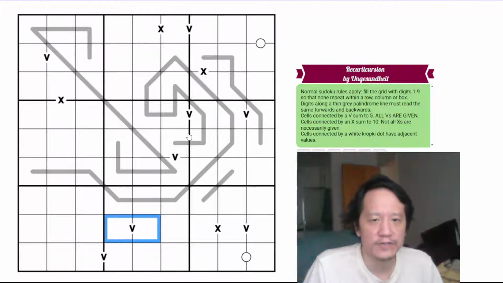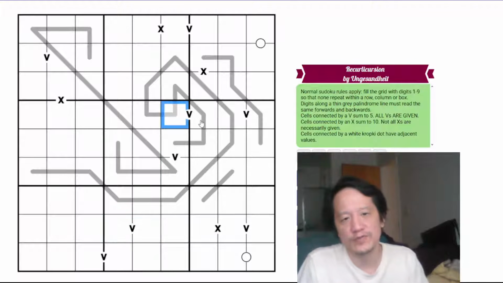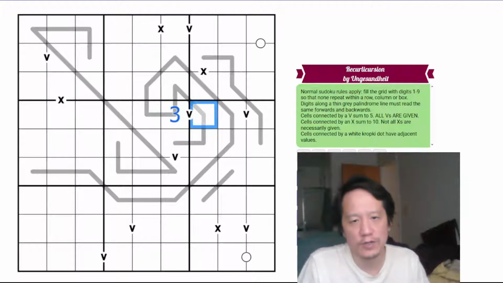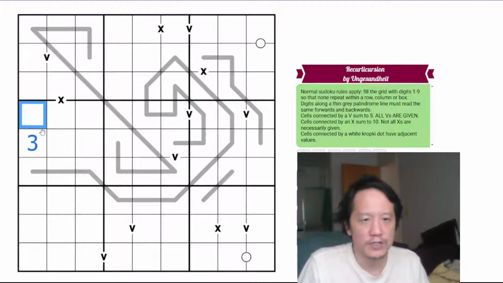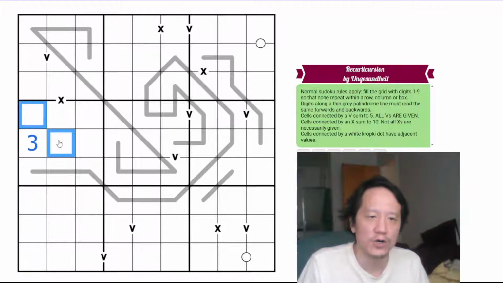And that's what the negative constraint means. So for example, if this were a 3, this would have to be a 2. If this were a 3, a 2 cannot share an edge with it because we know all the V's are given. So therefore, there cannot be a V here.